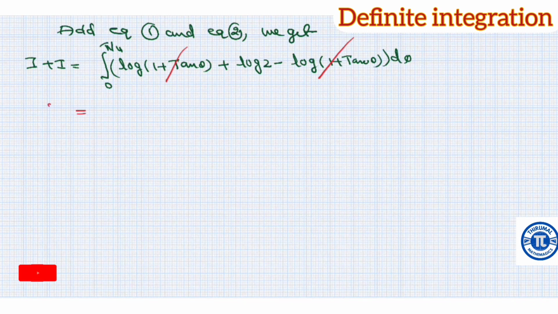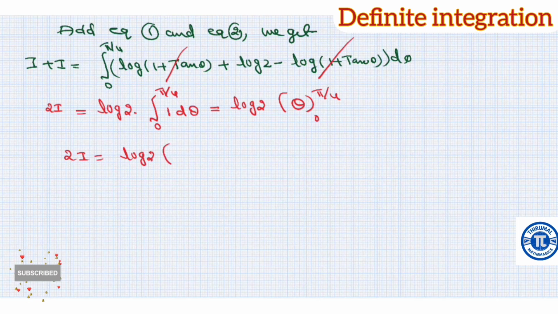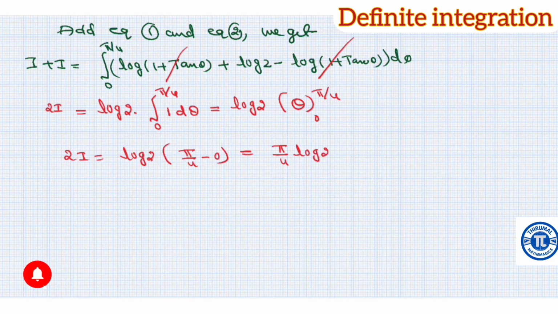Then on the right side we get 2I equal to log 2, a constant, into integration 0 to pi by 4 of 1 d theta, and integrating 1 with respect to theta we get theta. Here limits are 0 to pi by 4, so 2I is equal to log 2 into (upper limit pi by 4 minus lower limit 0), which is pi by 4 into log 2.